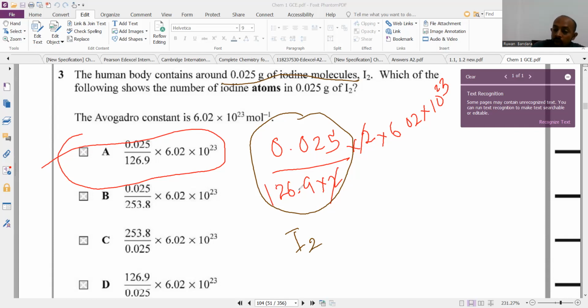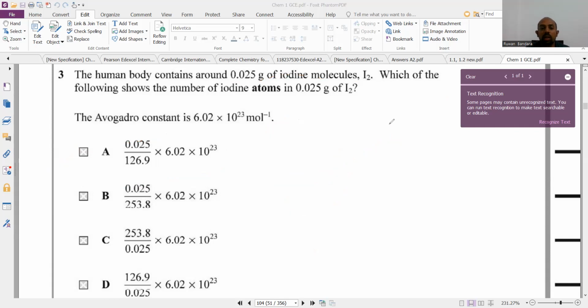And in one molecule, you have 2 atoms, therefore multiplied by 2 and then into Avogadro's number. Clear or not? Yes. Very good. One last question.